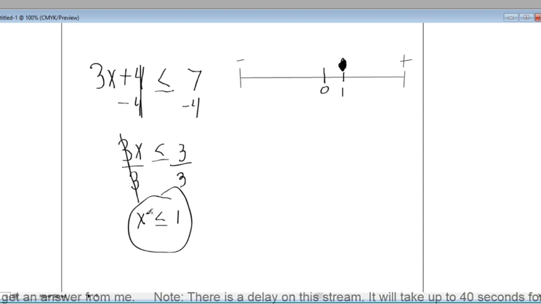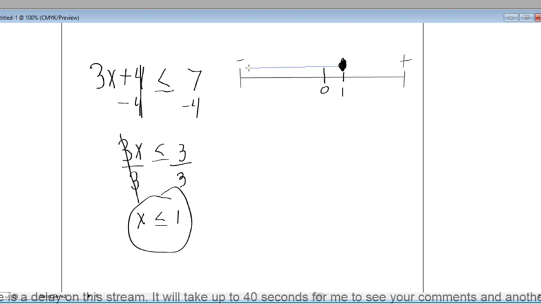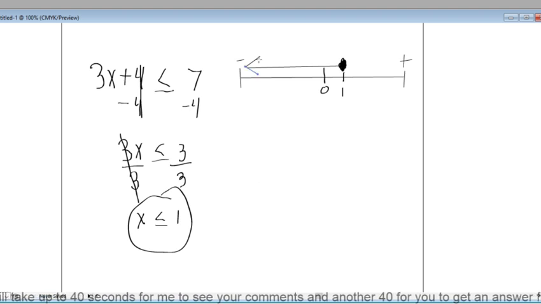Okay. Now this says that x is less than or equal to 1, so less than means it's all the numbers that are smaller than 1. So our solution set will extend out over here and keep going on into, not infinity, but negative infinity. That's a distinction I have to make.